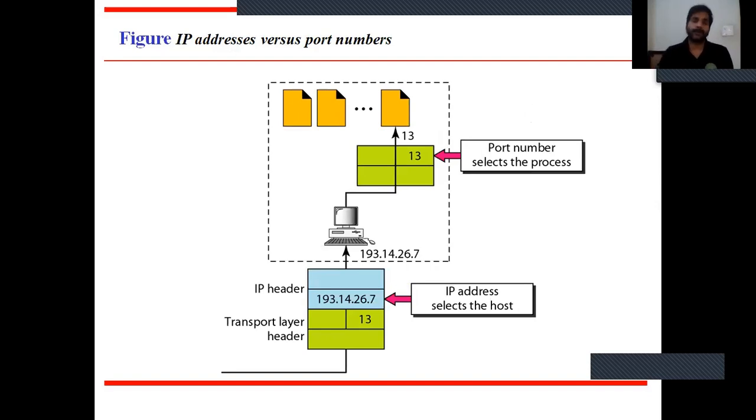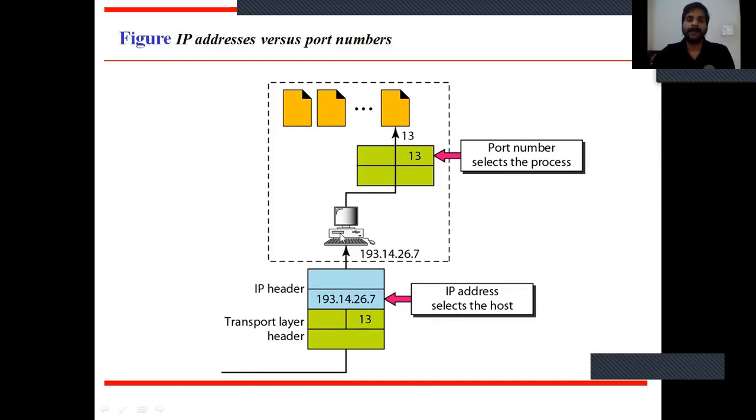IP address versus port number: the IP address selects the host and the port number selects the process. Several applications are stored in this computer. Suppose we connect to a particular application, and its port number is 13. So the transport layer header carries the port number.